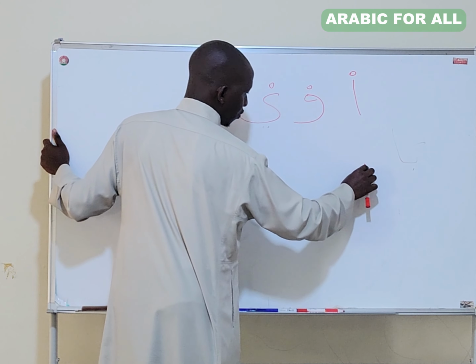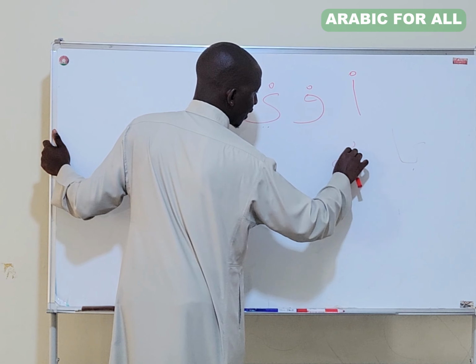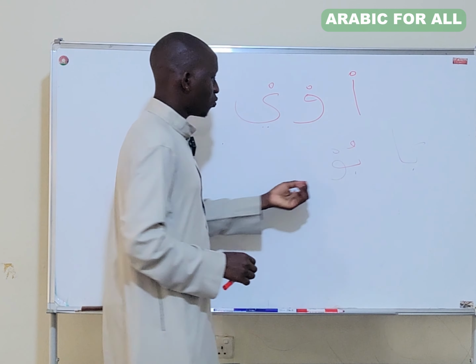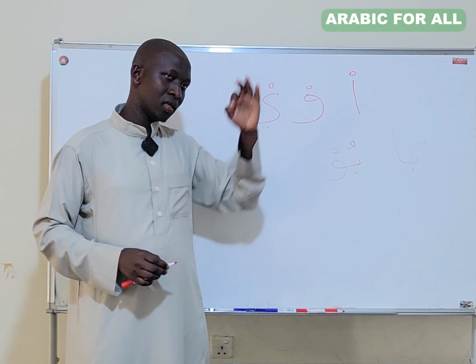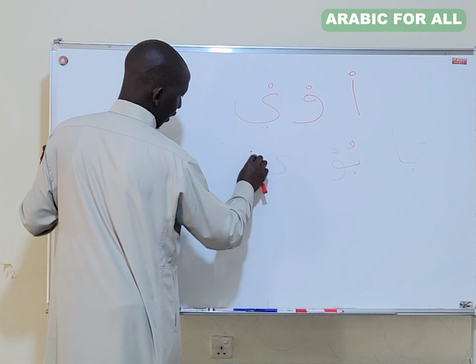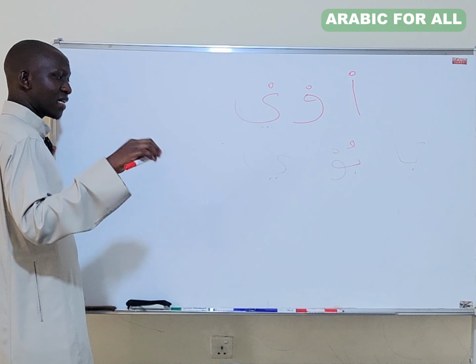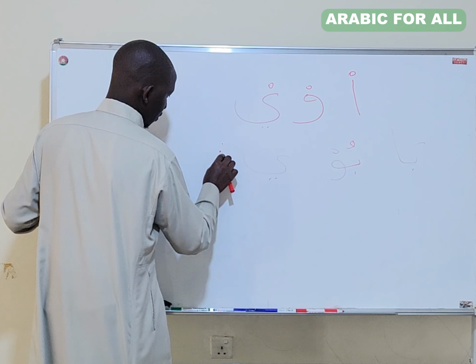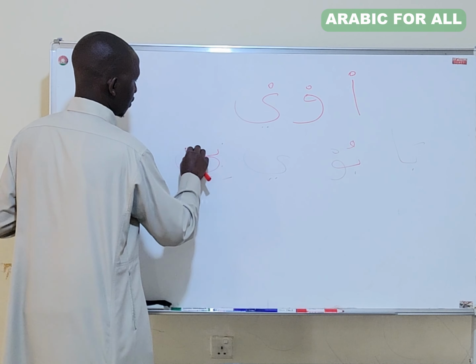Waw works as a vowel on the letter when the letter has dhamma. This will affect the sound of the letter, which will be boo. It will be longer. Then ya also works as a vowel on the letter when the letter has kasra before ya. So an example will be bee.